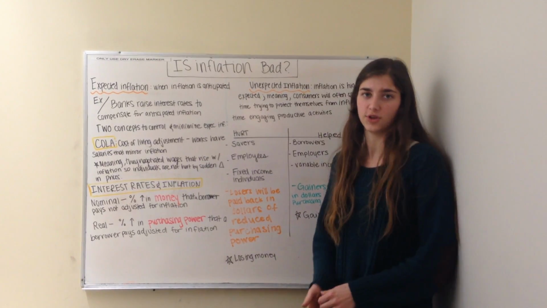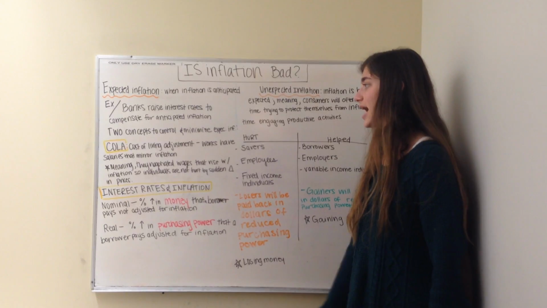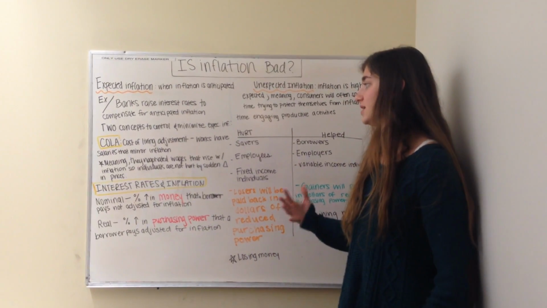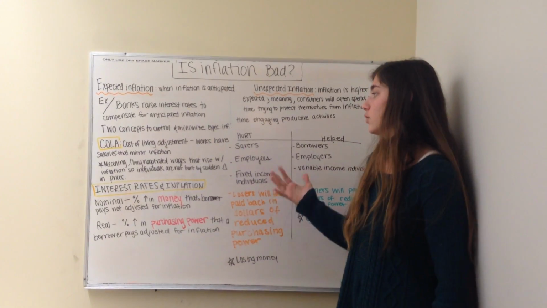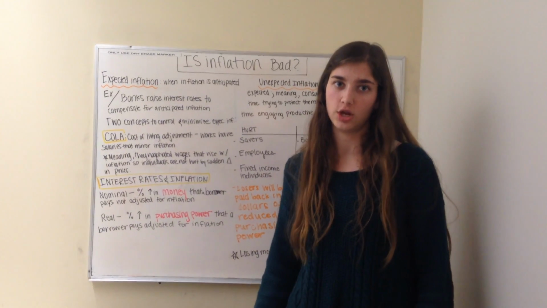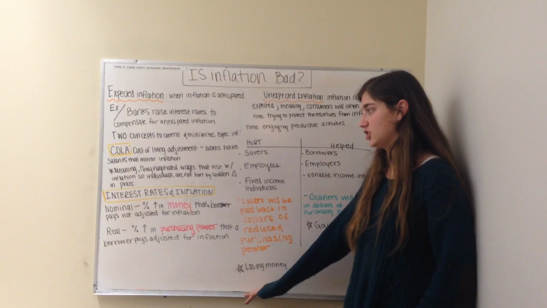COLA stands for cost of living adjustment, and it's basically when workers have salaries that mirror inflation. So they negotiate wages that rise with inflation so individuals are not hurt by a sudden change in inflation or deflation. The next is interest rates and inflation.